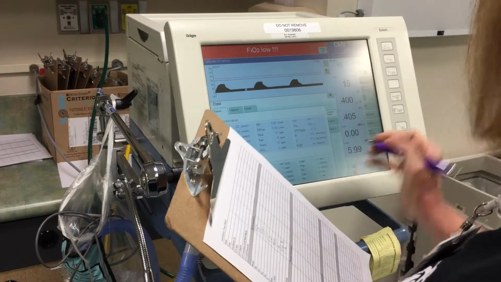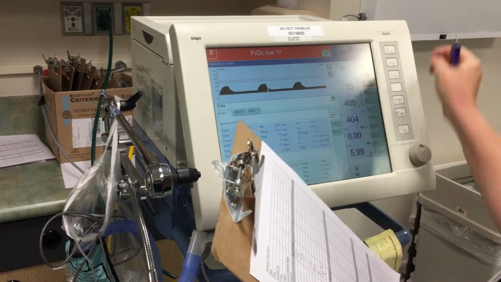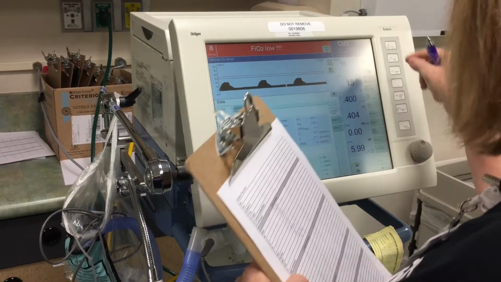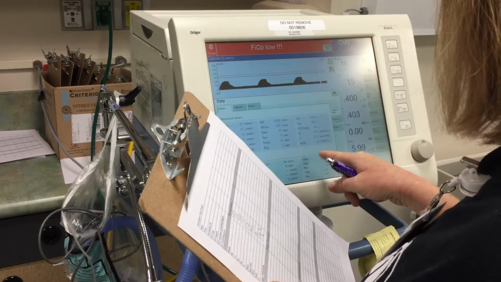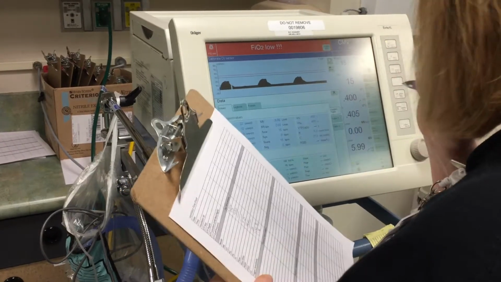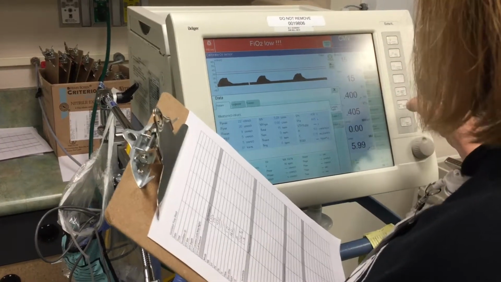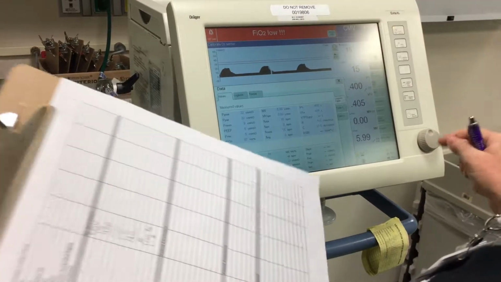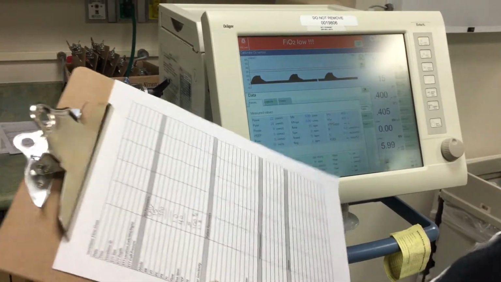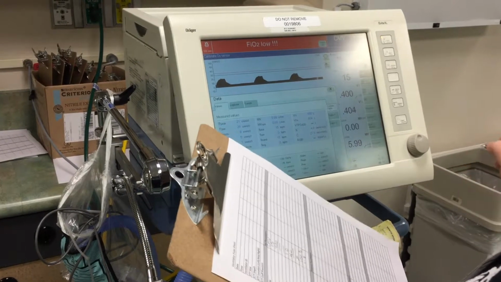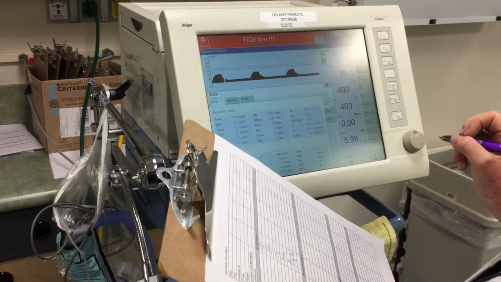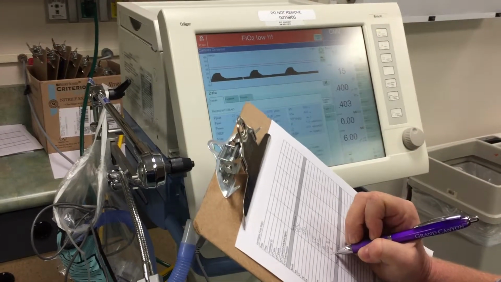And trigger sensitivity. Where do I find that? Oh, here. Frequency trigger? No, it's 0.